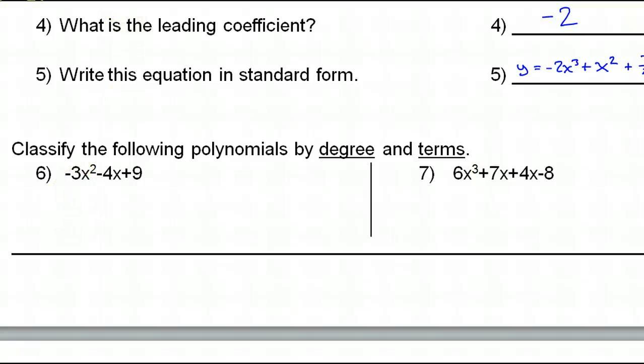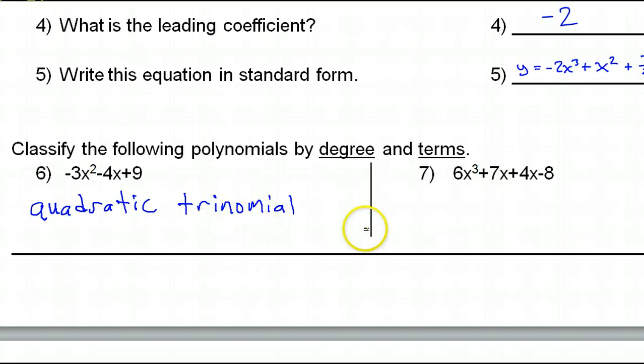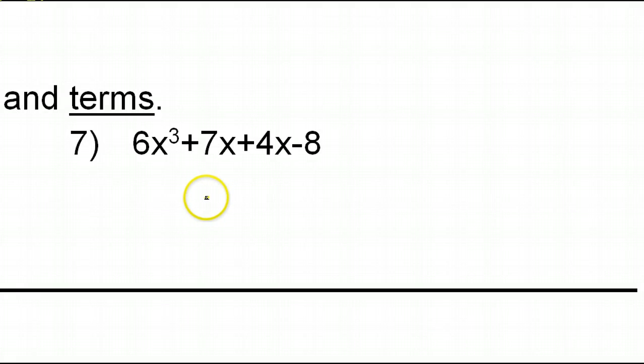So for number 6, it is squared. So that makes this quadratic. Okay, so we will call this quadratic. And it has 3 terms, so it is a trinomial. Alright, quadratic trinomial.